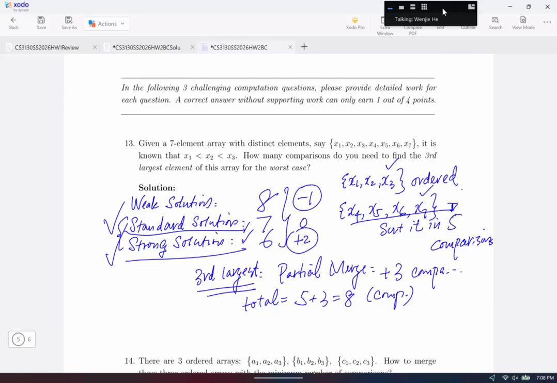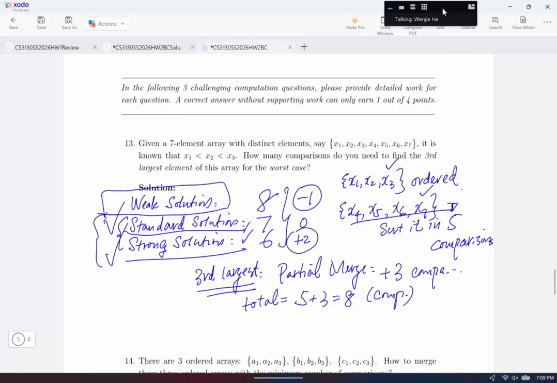All right. But another policy I want to use here: after I look at all of your solutions, if I see nobody can get a standard solution correctly and a strong solution correctly, if I can't find anyone who can do these two solutions, then I will treat the weak solution as the standard solution.